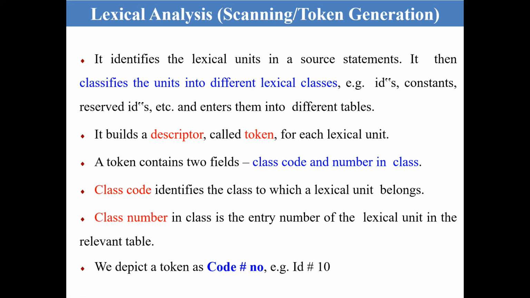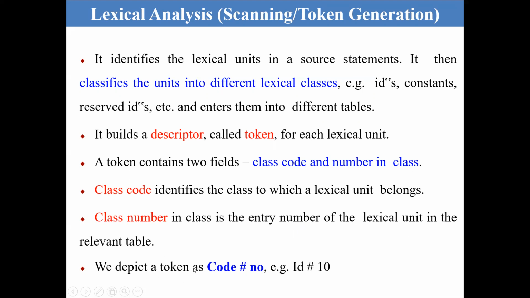These tokens contain two fields: first the class code, and then the number in class. So what do you mean by this class code? The class code identifies the class to which the lexical unit belongs, and the number in class is the entry number of the lexical unit in the relevant table.